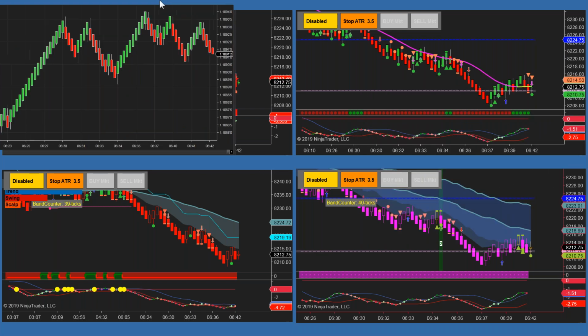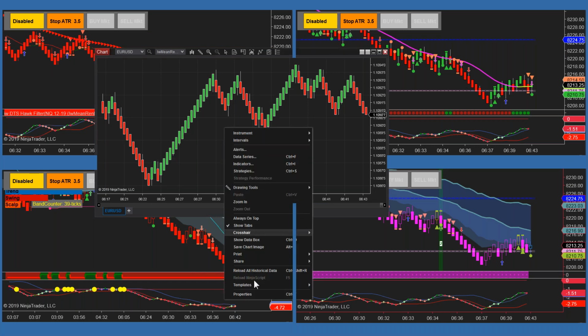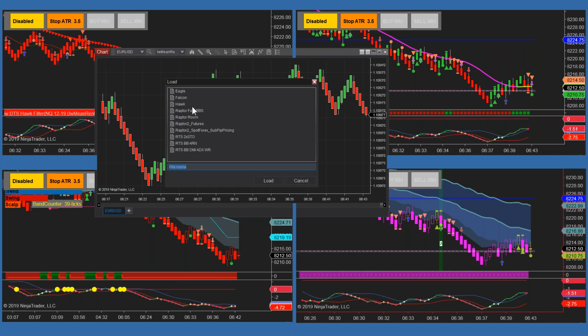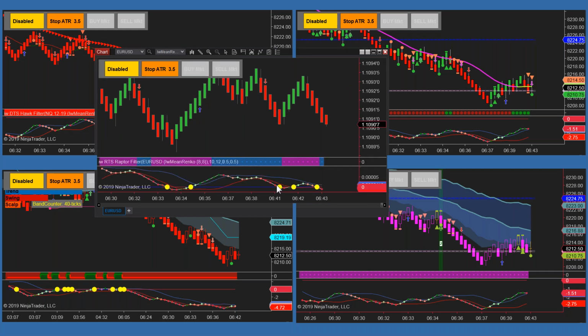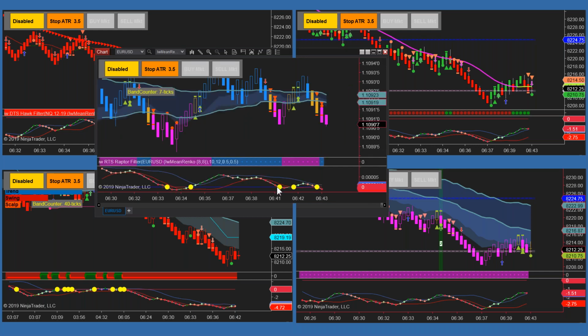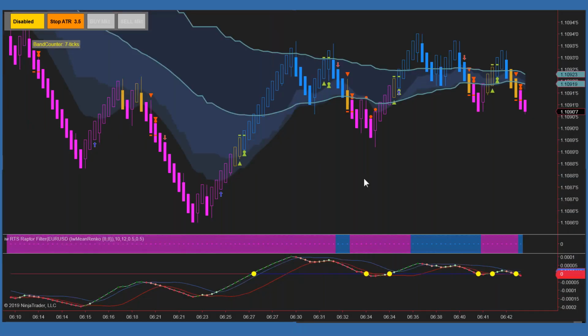Okay, so here's the Euro US dollar. And I'm going to put my template on. So once you have your charts set up the way you like them, save it as a template so it's easy to load.